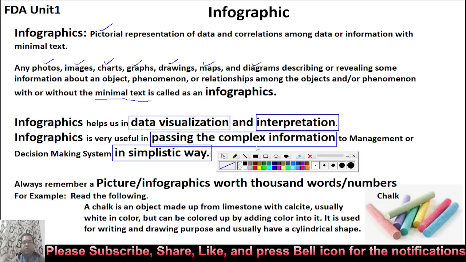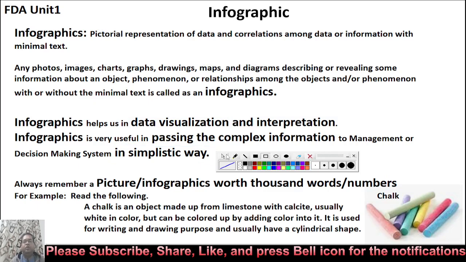But if you see here this chalk object, we have the image or the photo of the chalk and just added a simplistic text here, and this can give us what chalk is, how it looks, and something. Now we can add a simple text that it is made up of limestone calcite, and used for writing and drawing. Then I won't require to write down the complete essay on that, and this is the beauty of infographics.